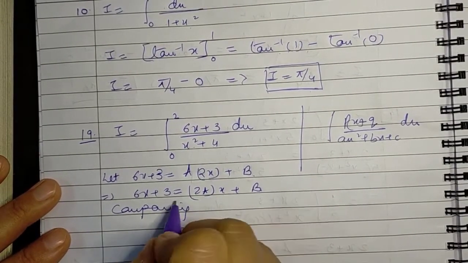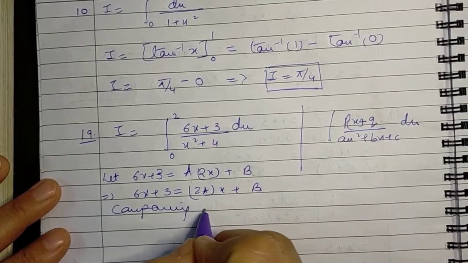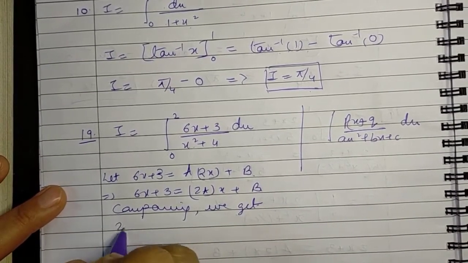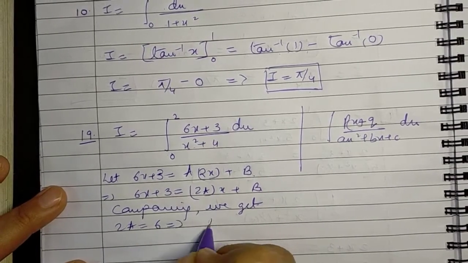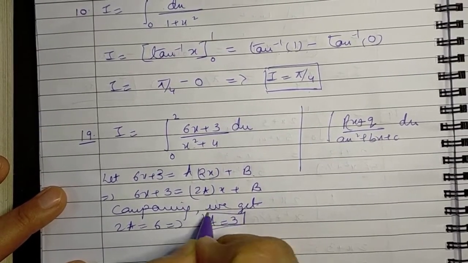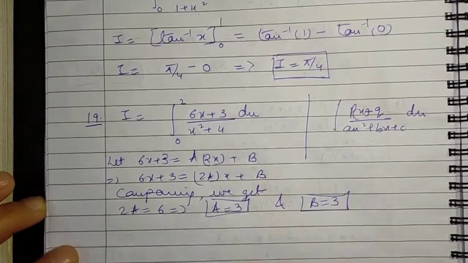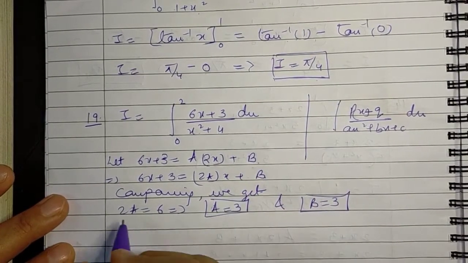So comparing the coefficient of x on either side and the constants, we get 2a equal to 6, which gives us a equal to 3, and b equal to 3 directly by comparing the constants.